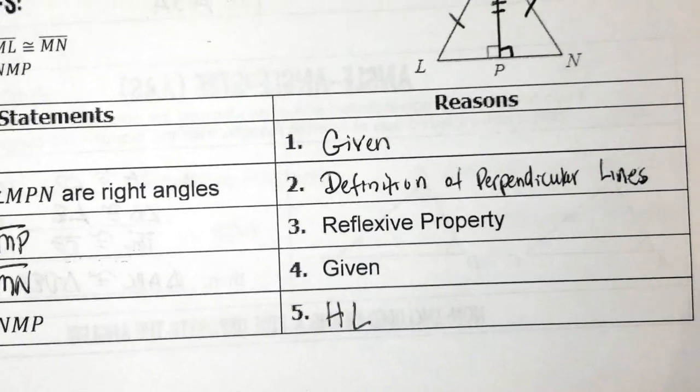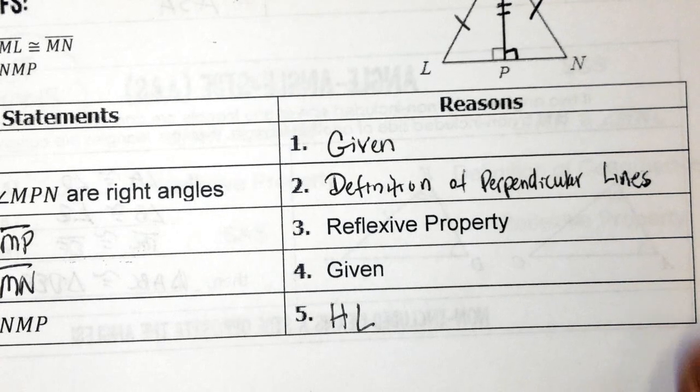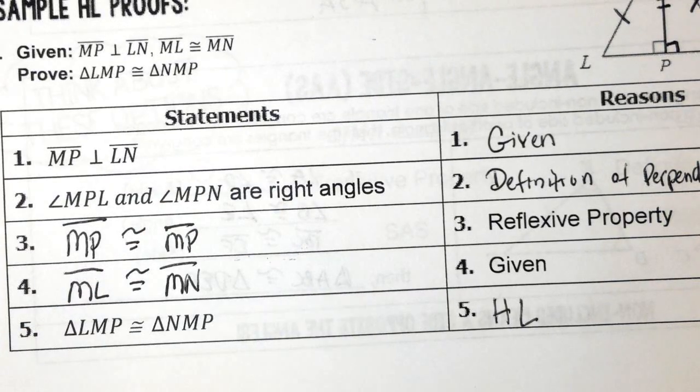What I want to say before we move on. Whatever you start out by, it could be given, or more than likely it's going to be given. If they start out by mentioning something in the proof, at some point you're going to have to give a reason based on that. Like on this proof, they started out by mentioning MP was perpendicular to LN.